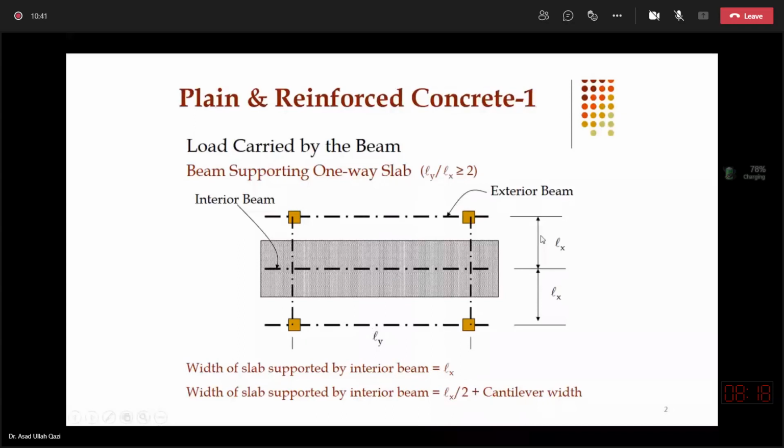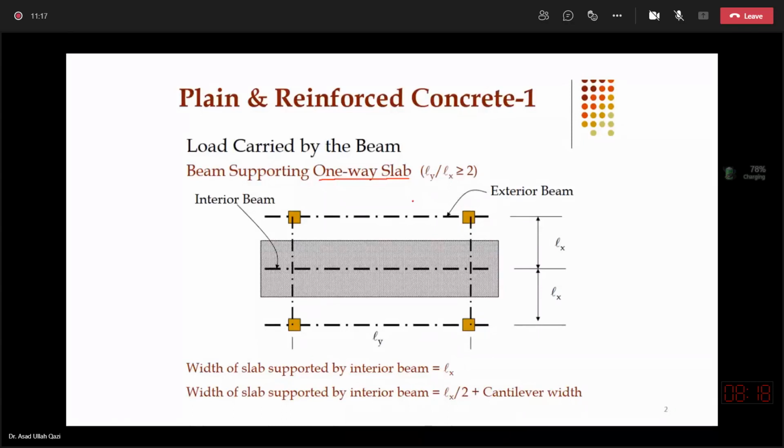If I divide longer with shorter dimension and my answer comes out to be equal to or greater than 2, then this slab will be one-way slab. So it means the slab behavior will be one way, its load distribution will be one way, its bending curvature will be one way, single curvature.